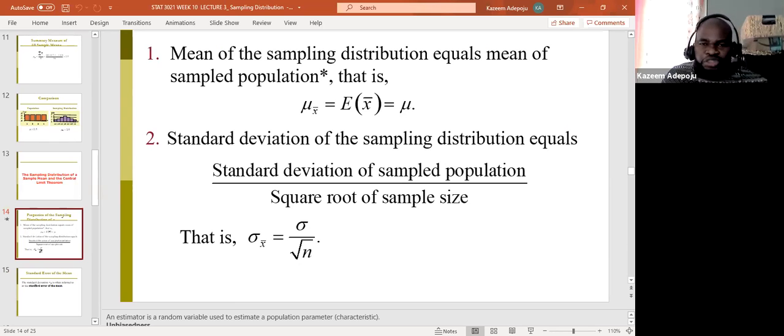What we can do is use the idea of sampling distribution, and it will return us back to normality. But that depends on the sample size. The sample size has to be sufficiently large. So how large is large? They recommended that it has to be at least 30.